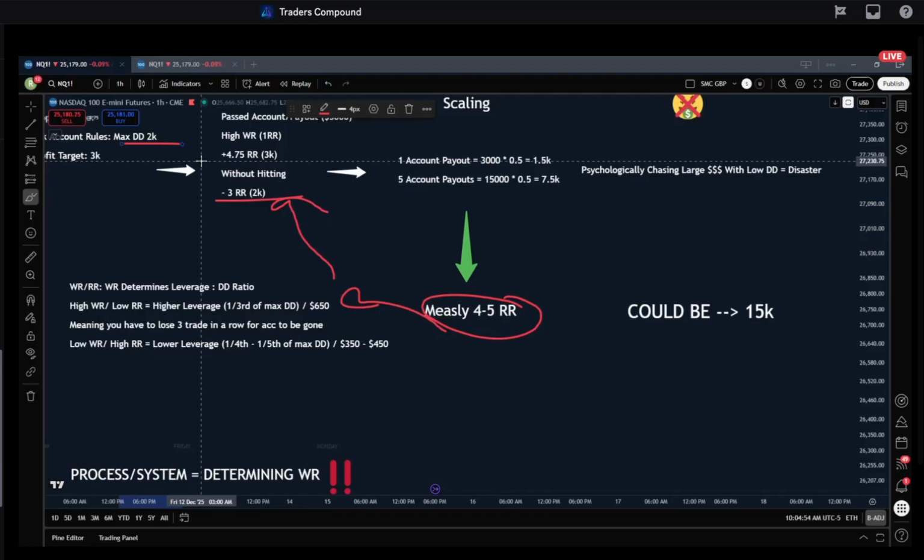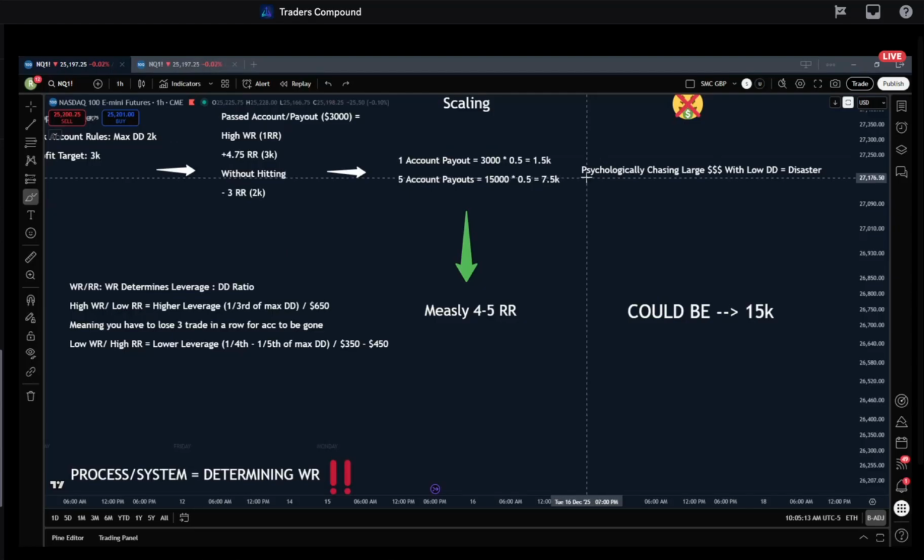These are the numbers behind the live trading calls, right? So that explains the risk. That explains why I trade the way I do, because it's a low pressure environment. I realize that some people think 4 to 5 RR a week. Again, we're chasing psychological numbers and barriers that we want to hit, right? I'm never chasing this.